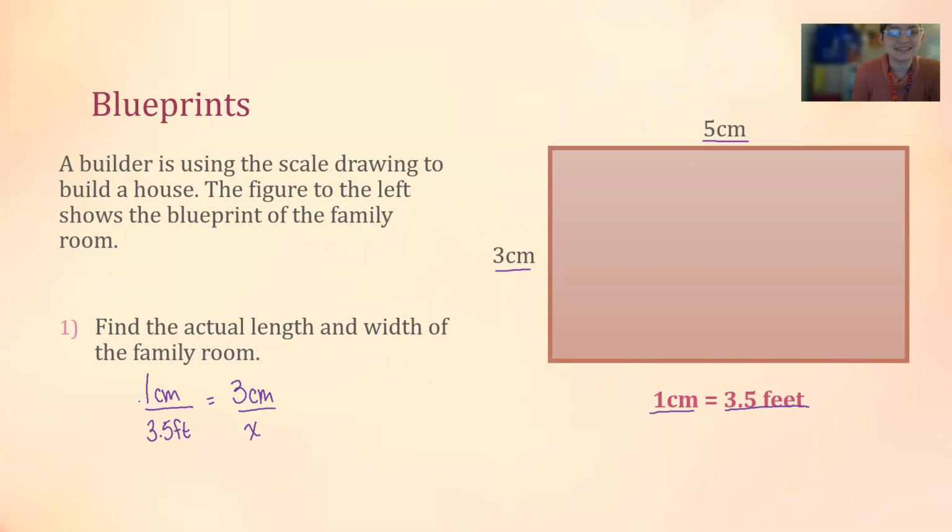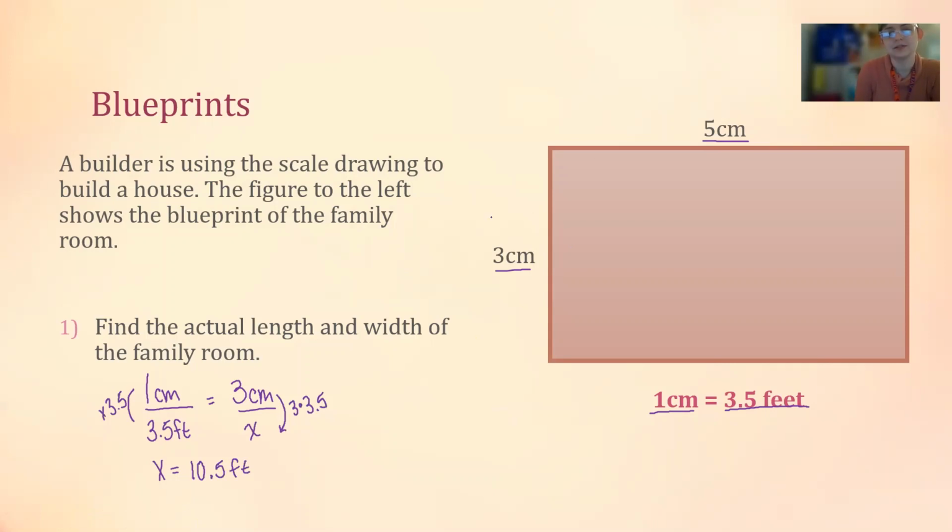So we can see that this is a proportional relationship. What do I do to 1 to get 3.5? Well, I multiply it times 3.5. And what I do to one side of my proportion, I do to the other. So I'm going to multiply 3 times 3.5. And I get that x, for the actual width of the room, is 10.5 feet.